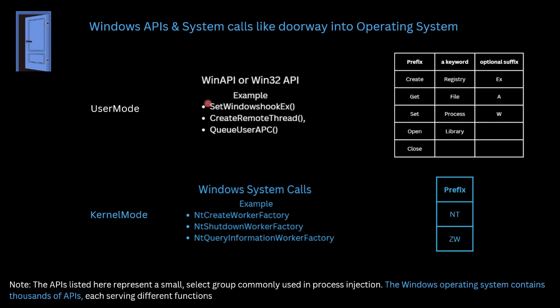So he's accessing the door, he's accessing some API to access the kernel and get the food for you when it is ready. In the same way, the application uses these system calls, these APIs, to switch between the user mode and the kernel mode.